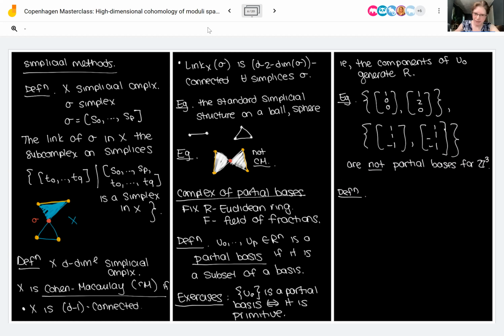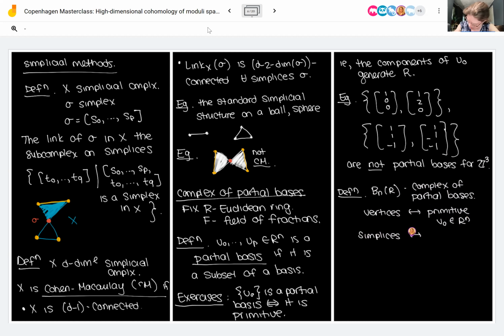And now we can state the definition, the complex of partial bases. The vertices of this complex are primitive vectors in R^n, and the simplices are partial bases. Okay, great.